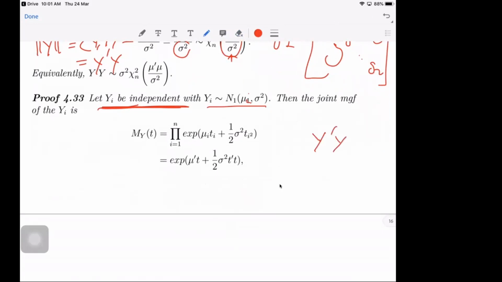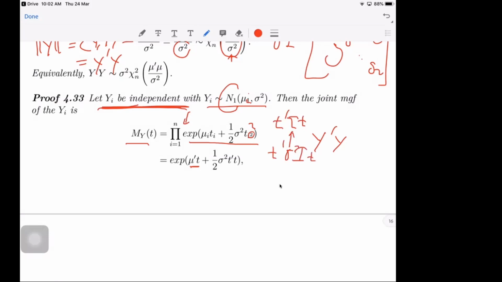Then to see the distribution of y prime y, we look at the moment generating function. The moment generating function for a normal is e to the mu prime t plus one half t prime sigma t. The product here is just for independence. The t prime sigma t will be in the exponent there. Since sigma is just sigma squared I, it is sigma squared t prime t.